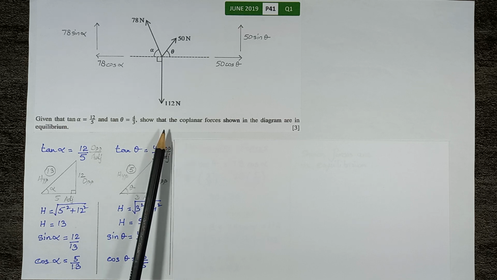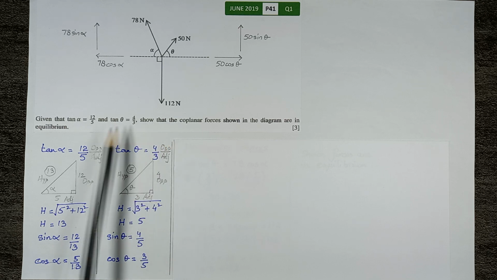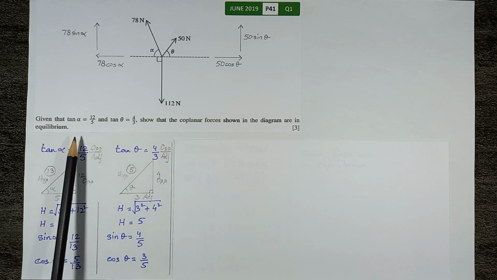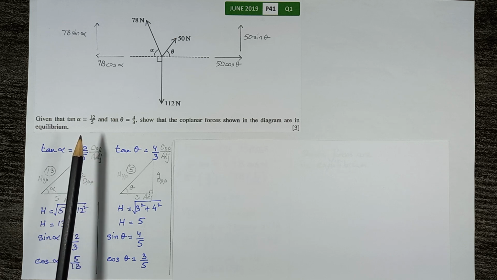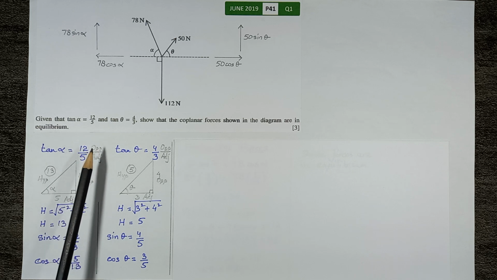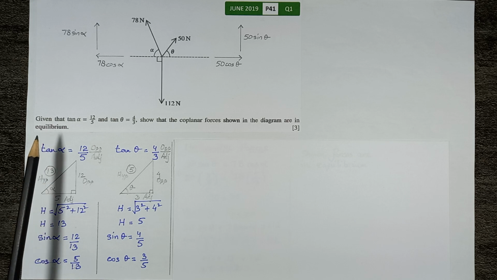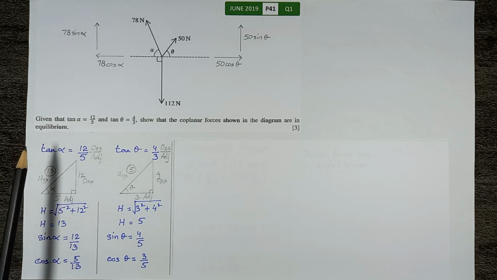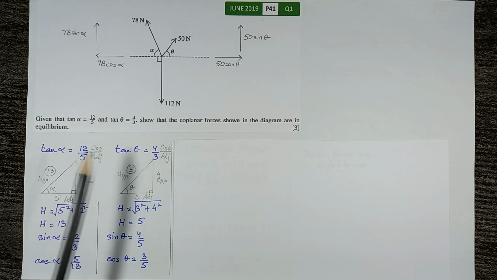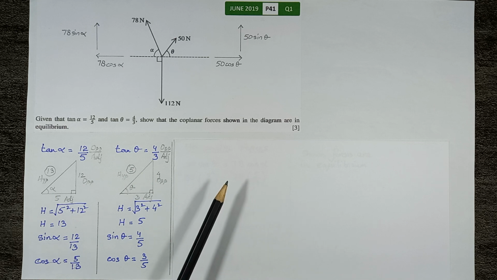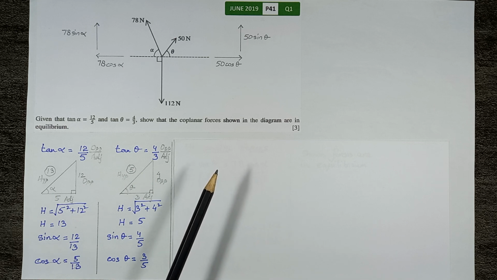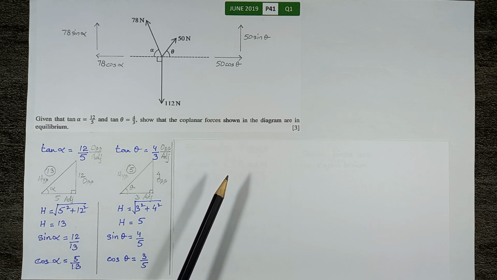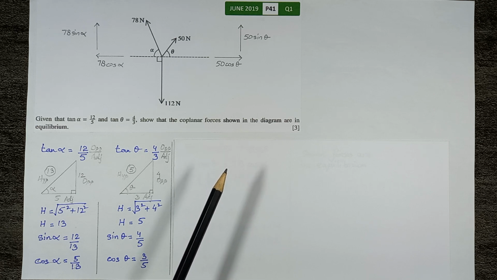Now we have to show that the forces are in equilibrium, and when we say that they are in equilibrium, that means based on the equilibrium condition the opposite forces are equal. And if we make the opposite forces equal, then the right hand side and the left hand side of the forces should be equal for both the horizontal as well as the vertical forces.